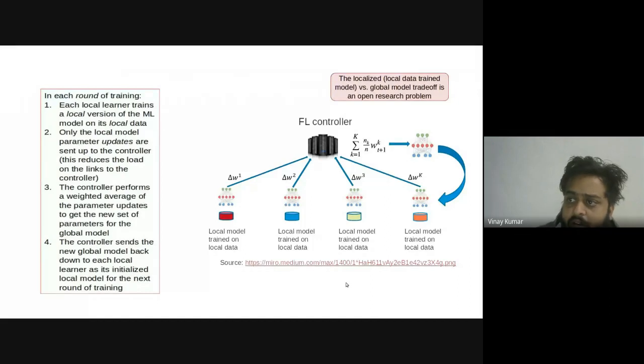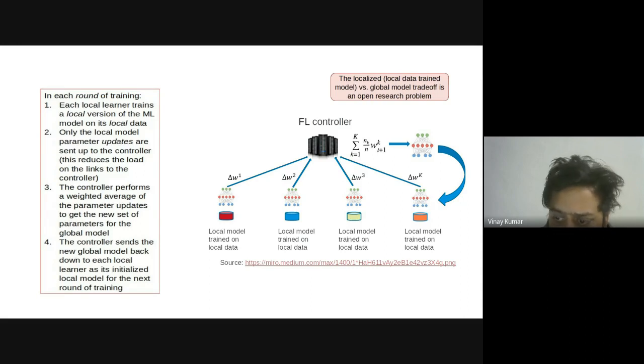Let's see how federated learning works. We have seen that there are three types of federated learning architectures: horizontal, vertical, and transfer learning.